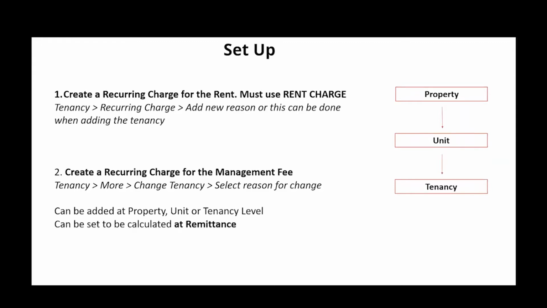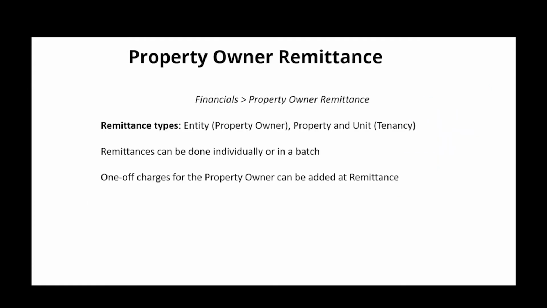Okay, so those are the two things that we're going to go through first: making the recurring charge for the rent and setting up your management fee. Once you've set up the recurring charges, you're receiving your rent, whether you're integrated with Xero, you'd be reconciling your rent there, or whether you're going to be paying off the rent manually on Arthur.